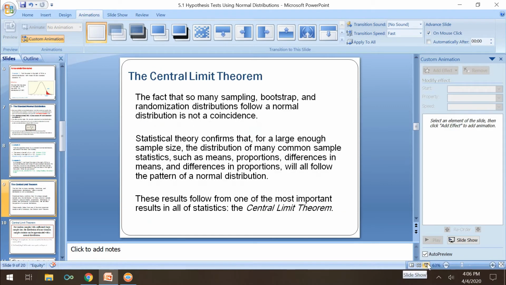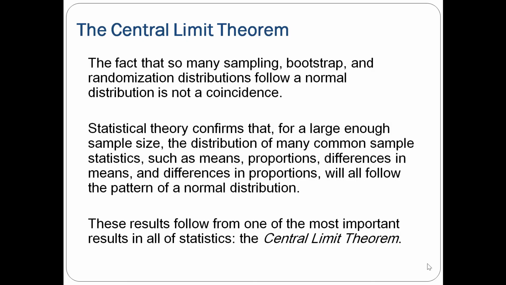Okay. Next concept is the central limit theorem. The fact that so many sampling, bootstrap, and randomization distributions follow a normal distribution is not a coincidence. Statistical theory confirms that for a large enough sample size, the distribution of many common sample statistics such as mean, proportion, difference in means, and difference in proportions will follow the pattern of a normal distribution.